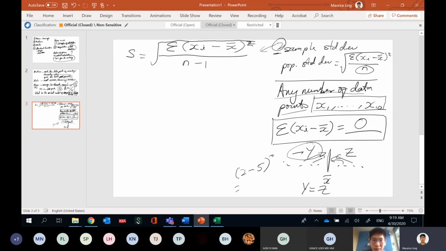Then 2 minus 5 is minus 3, squared gives you 9. On the opposite side, you can have 7 minus 5, which is 2, squared, which is 4. Is the purpose of square and square root just to get rid of the negative sign? Just answer me yes or no. Yes. Okay, so it seems to be getting rid of the negative sign, right?